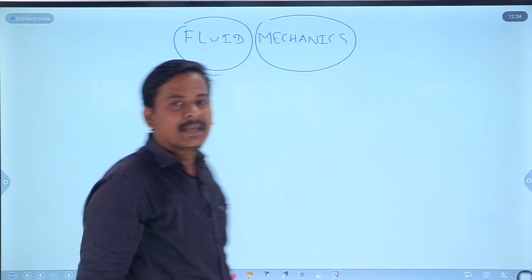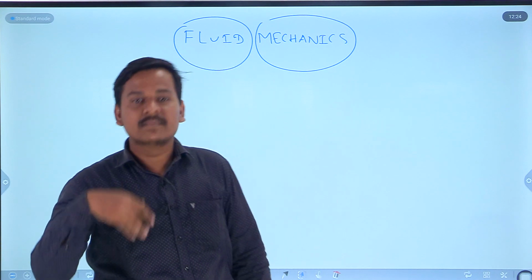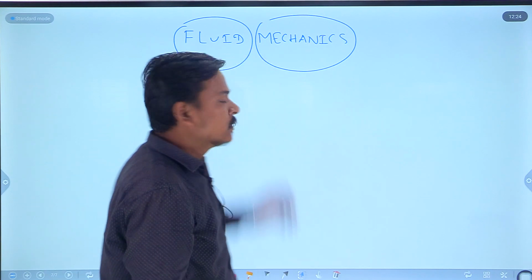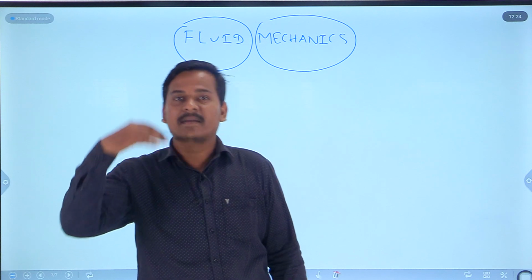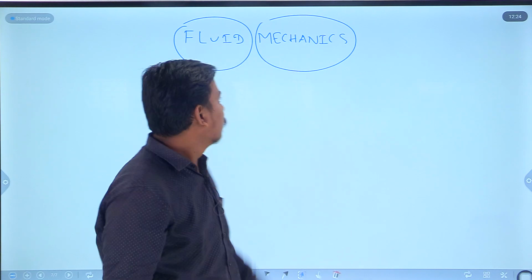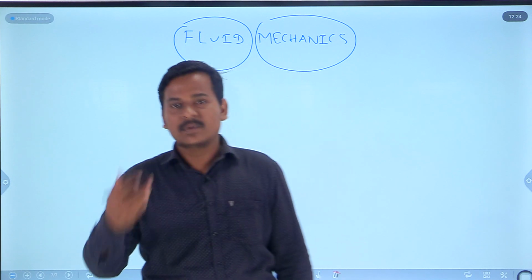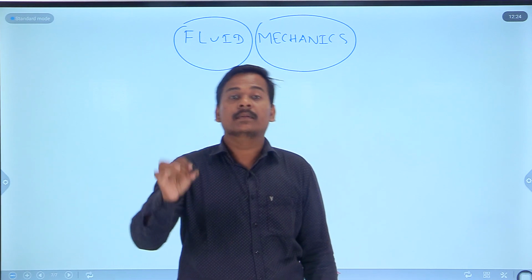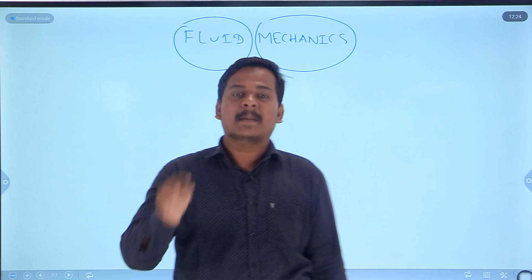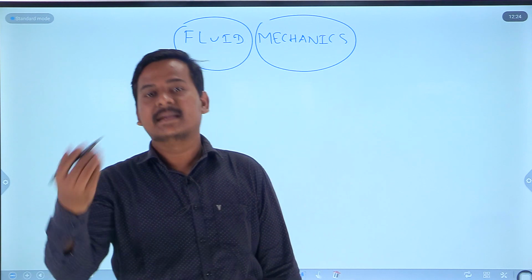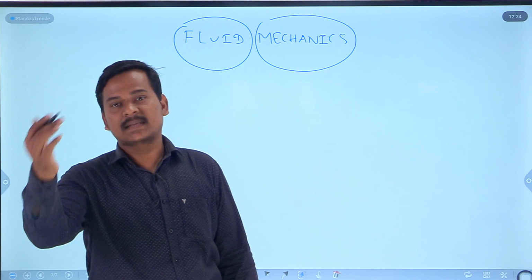Fluid means any substance which can flow. Mechanics means the study and analysis of the effect of forces. In fluid mechanics, we already know that Leonardo da Vinci is known as the father of fluid mechanics. He is a famous Russian scientist.